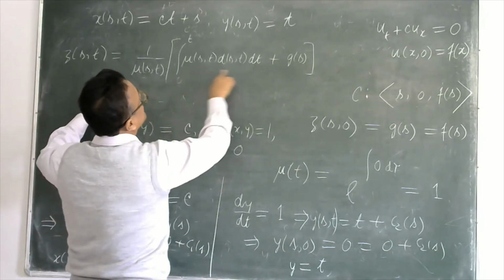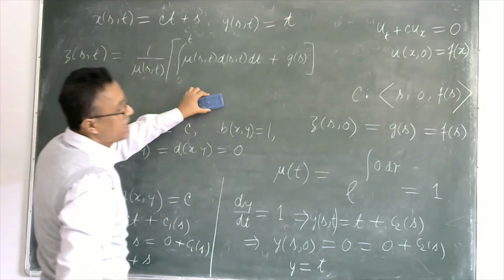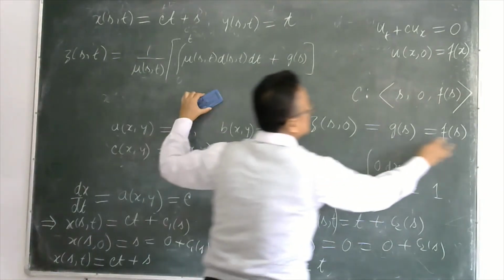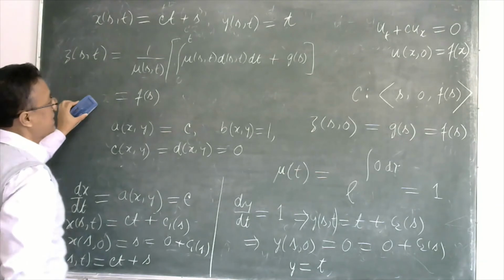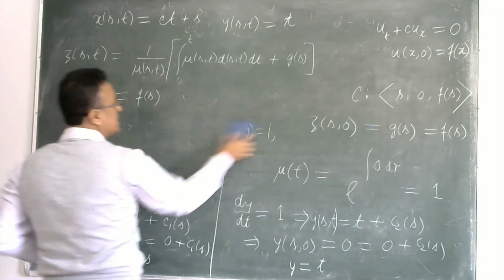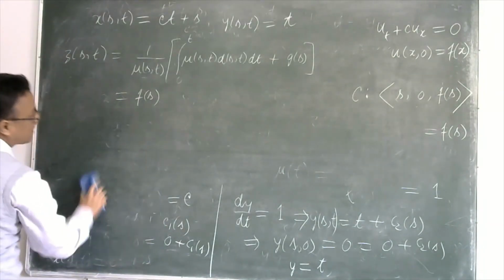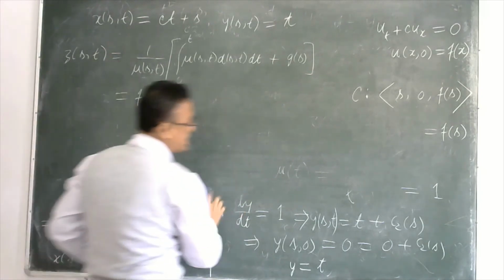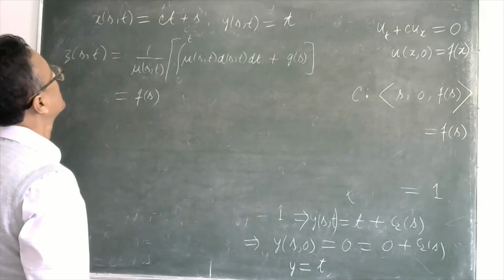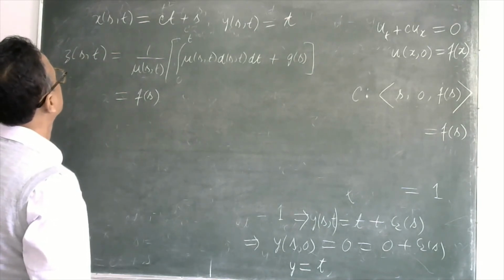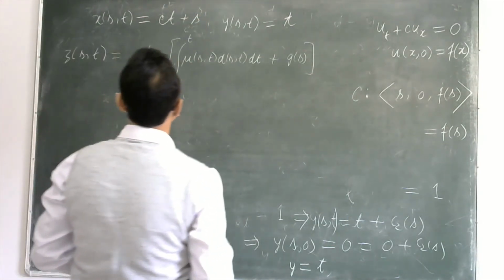So this part is going to give you 0, and mu is already 1. So eventually I am going to be left with only g of s, and g of s was simply f of s, right? So this is going to give you simply f of s. Is it okay? Fine. So now we have to convert your s and t into x and y. So here you can see that your s from here, you can see that, just a second.